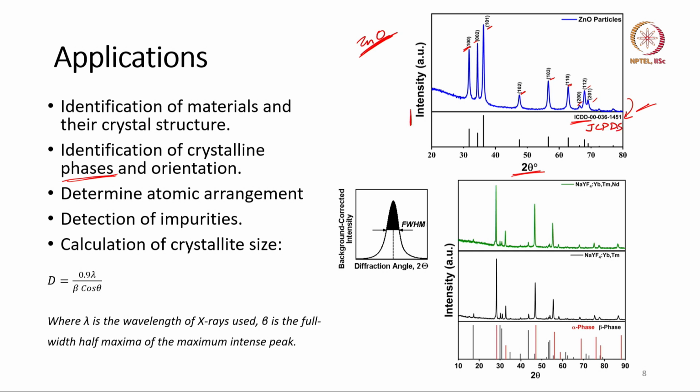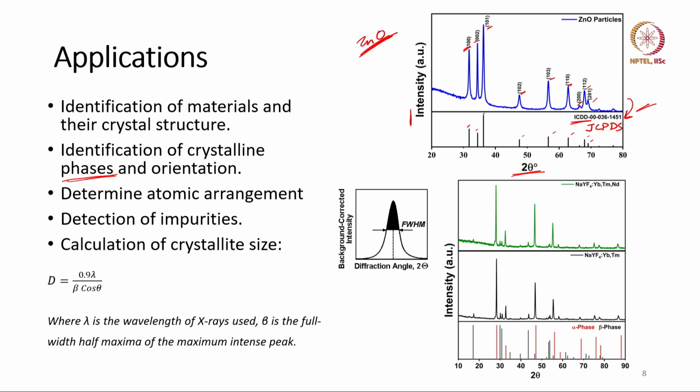You might have heard these terms. We have these standard cards for all the materials, and we can match our pattern with these cards and identify the peak positions depending on the planes. We match them with the lattice positions, and we can confirm whether our material has been synthesized and what its phase is.